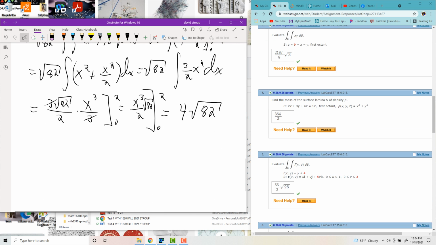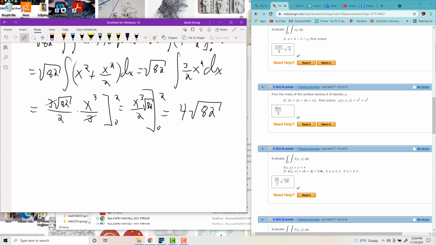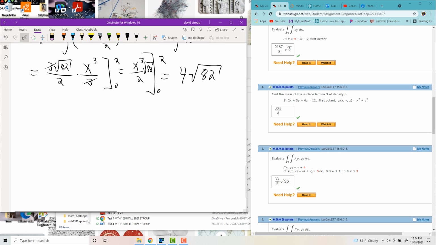Like I said, you could do applications with this. Find the mass of the surface lamina S of density rho. So basically for number 4, I'll just set it up, I won't do it. We're integrating over the surface given by this plane, 2x plus 3y plus 6z equals 12.